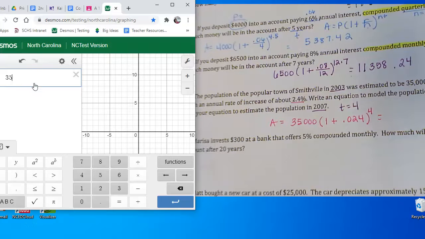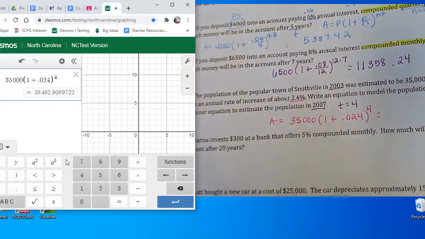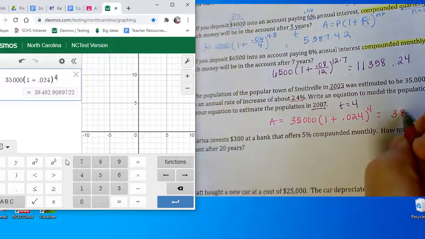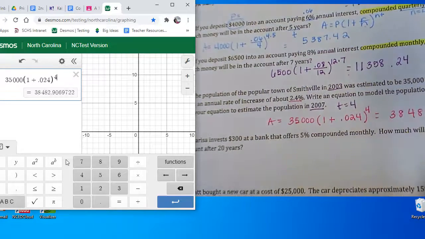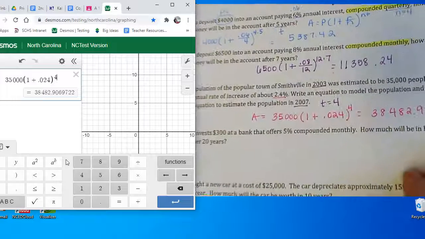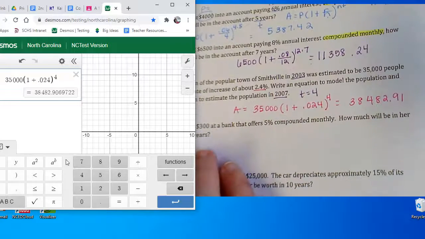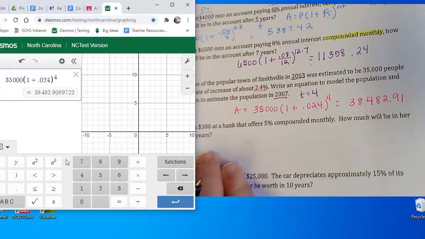And then when we put it into Desmos, that will give us our answer. And so our population was 38,482.91. Again, I always just do 2 places, but really we know that we're talking about people here, so probably 1 less than that.